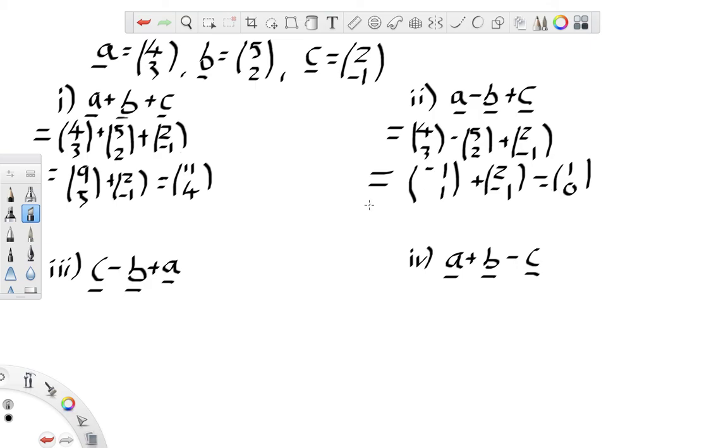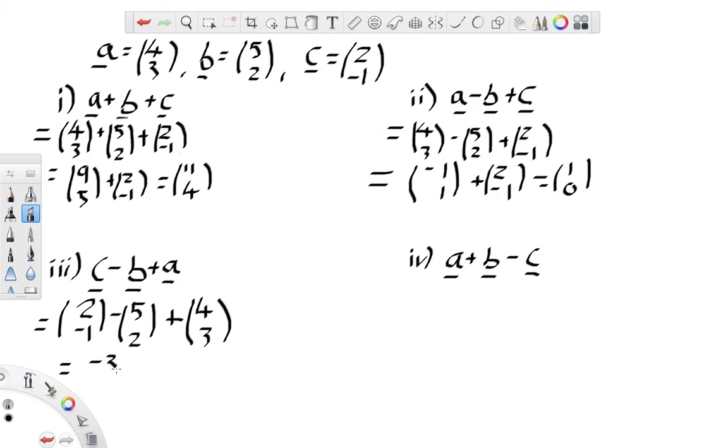Question 3, C minus B plus A. So C is (2, -1), and then we're taking away the vector B, which is (5, 2). And then we're adding to that (4, 3), so the vector A. Again, I'll work this out in stages to break it down. So 2 minus 5, well that's minus 3.